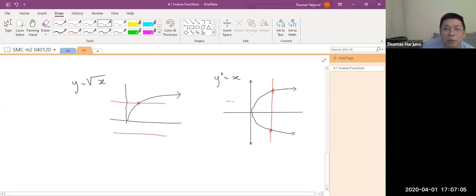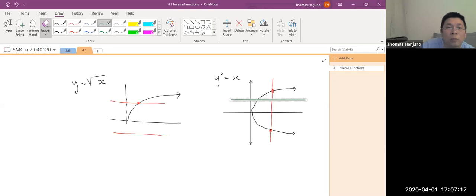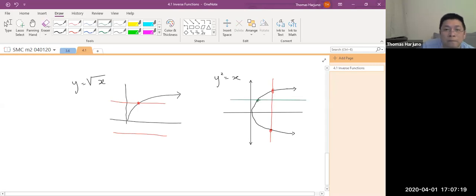It is a one-to-one relation because every horizontal line that I graph hits the graph at most at one place, right? So this is a relation, not a function, but one-to-one.